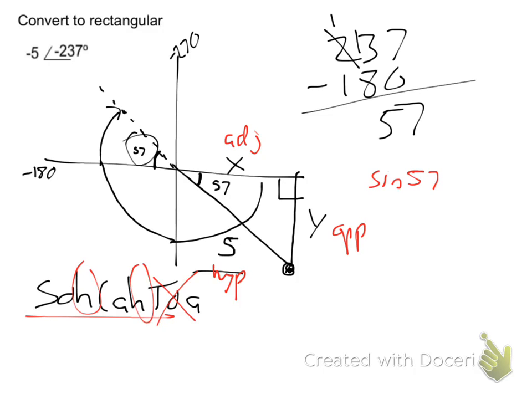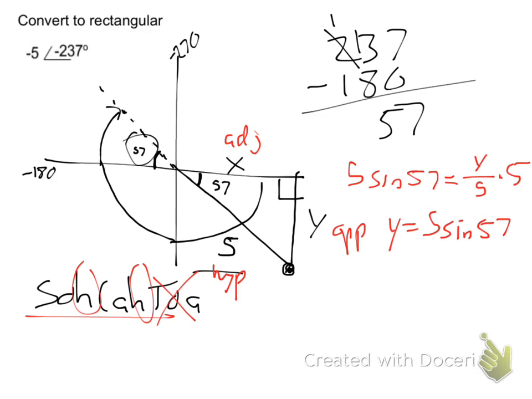Sine of 57 is going to equal what? What is sine? Opposite over hypotenuse. What's the opposite? It's y over 5. So to solve for y, I multiply both sides by 5. So y equals 5 times the sine of 57 degrees.